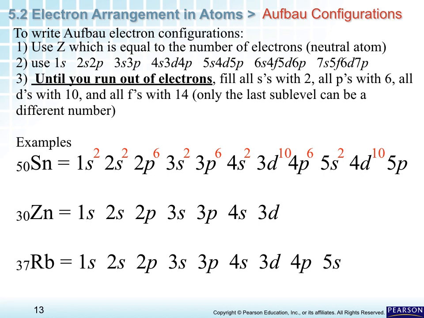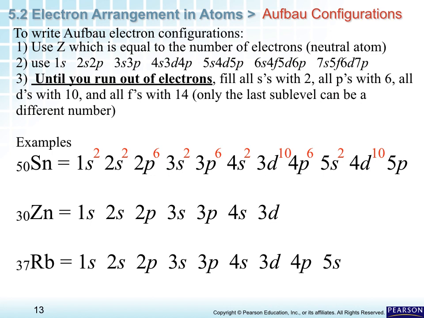Then I use the Aufbau order, 1s, 2s, 2p, up to 7p, as listed there and on the bottom of your periodic table. The rule is, until you run out of electrons, you fill all the s's with 2, all the p's with 6, all the d's with 10, and all the f's with 14. And only the last sublevel can be a different number than that.